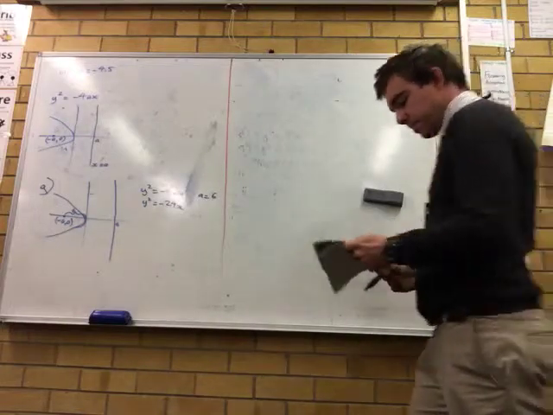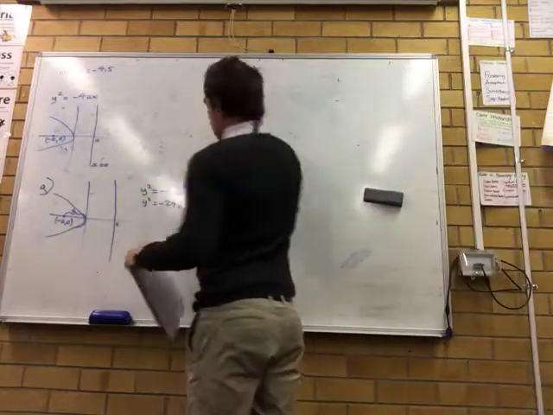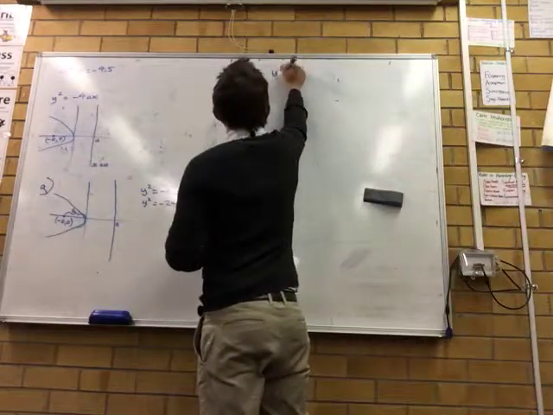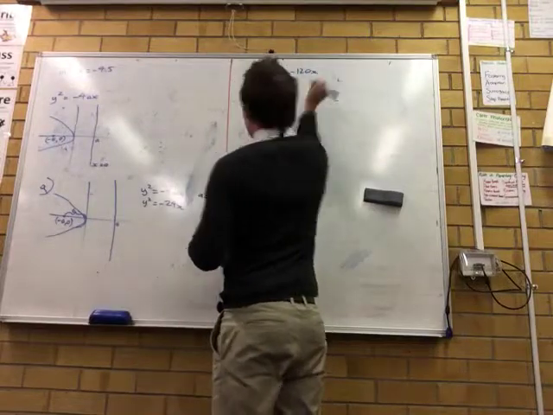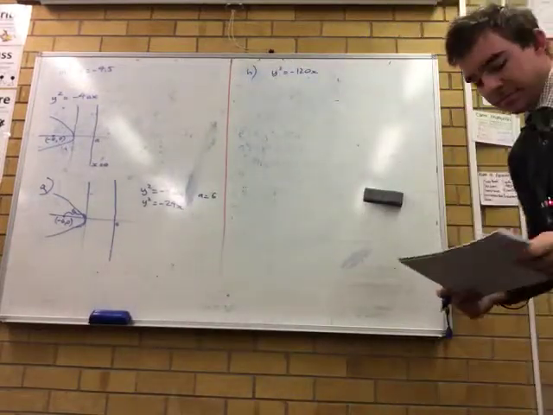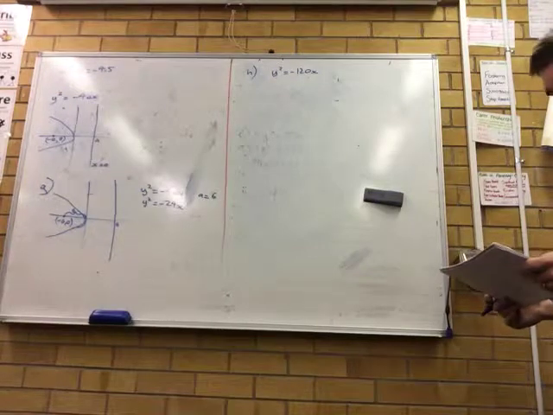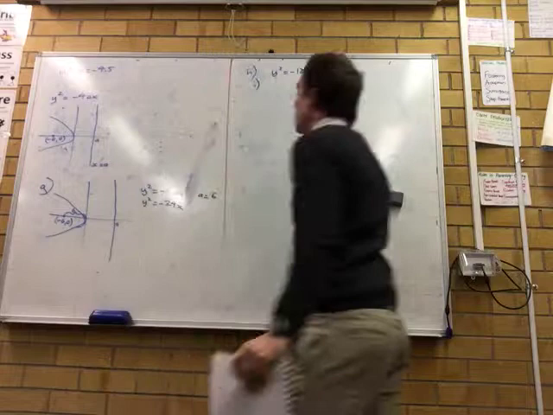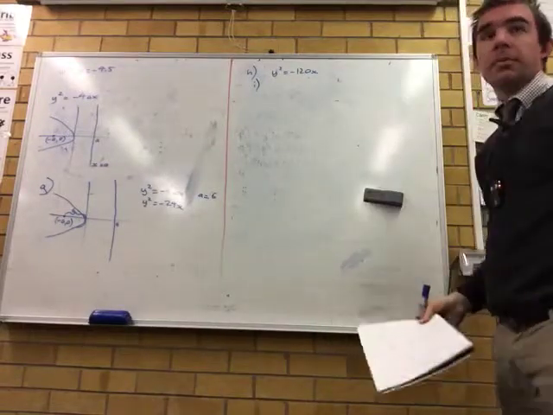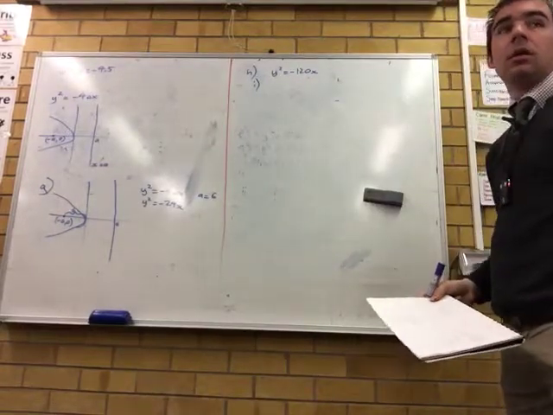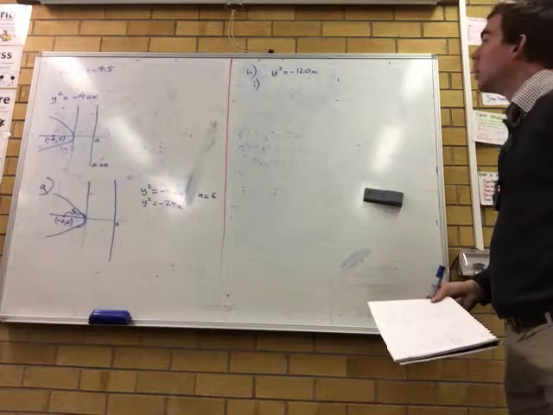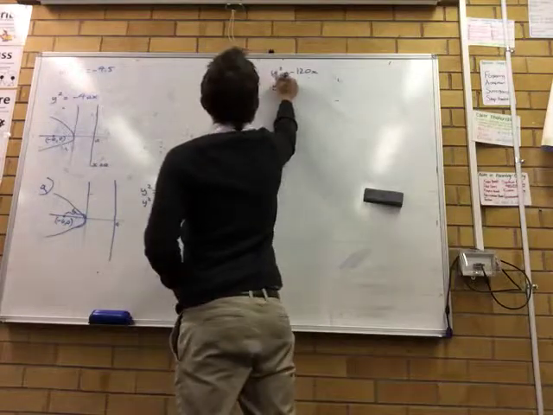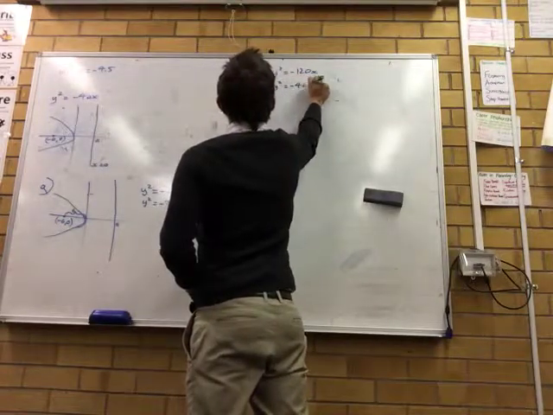Right, last question, H. For the parabola y squared equals negative 120x. Part I, find the focal length. So how do we find the focal length? Good. Divide 120 by 4, or in other words, y squared equals negative 4ax.